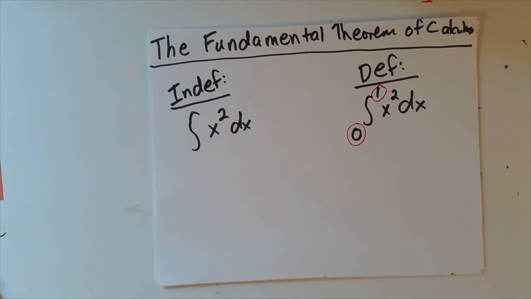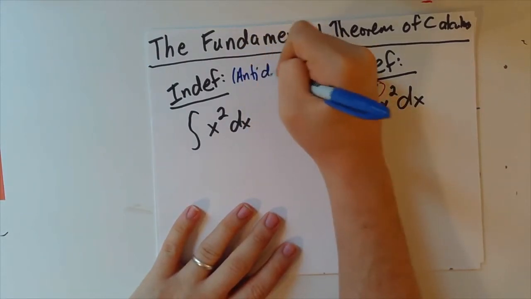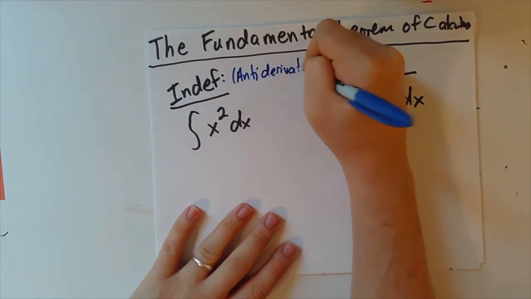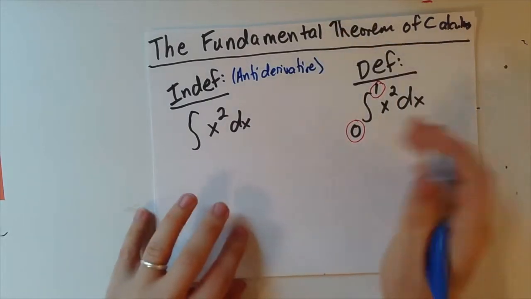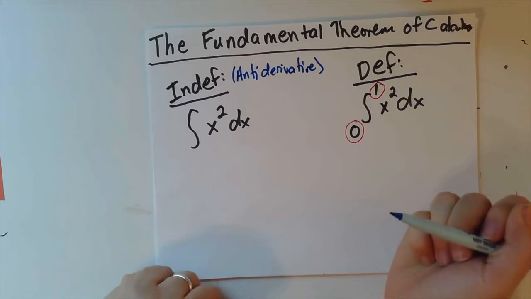And ostensibly, these two concepts don't have anything to do with each other, because this indefinite integral is an antiderivative. So the indefinite integral is a function whose derivative is x squared.